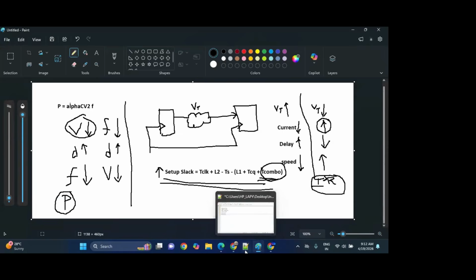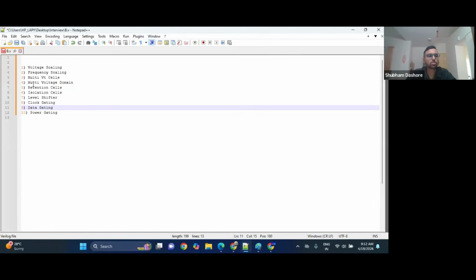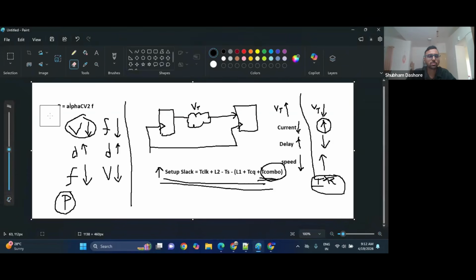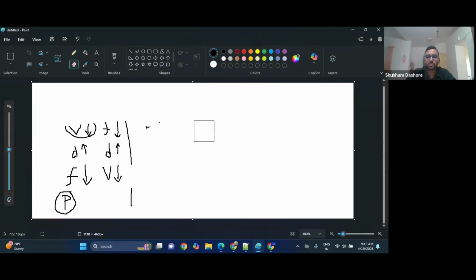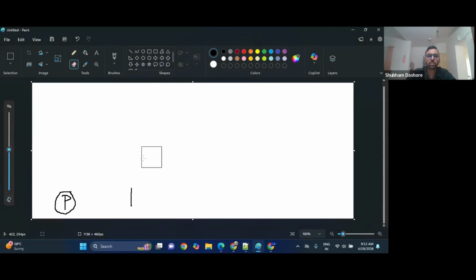Now let's go to the fourth, multi-voltage domain. We can use the multi-voltage domain because there are different subsystems or different blocks working at different voltages, as the requirement is like that.